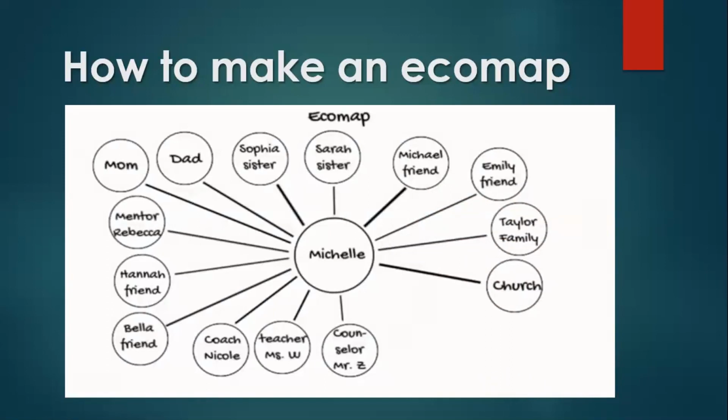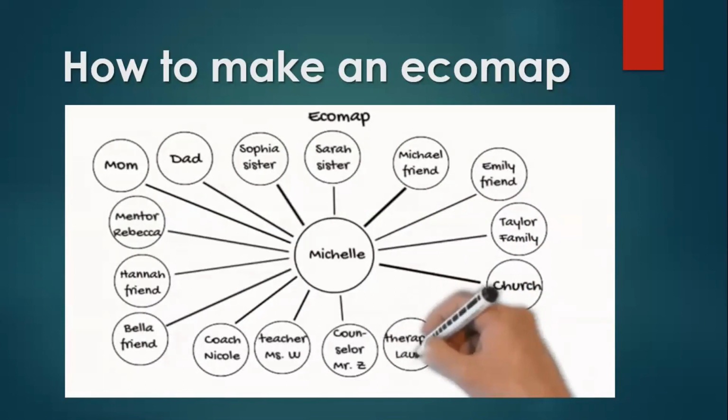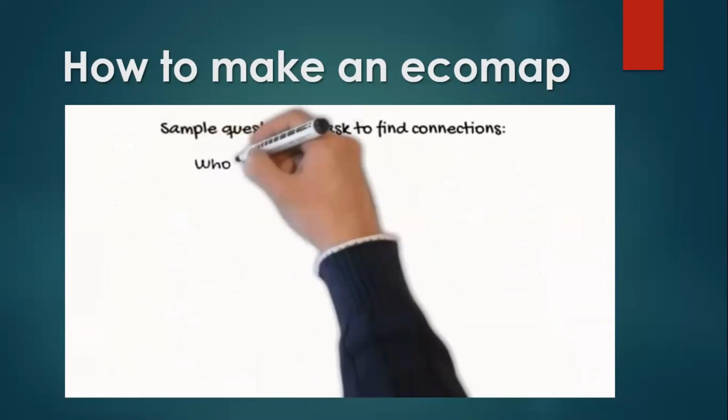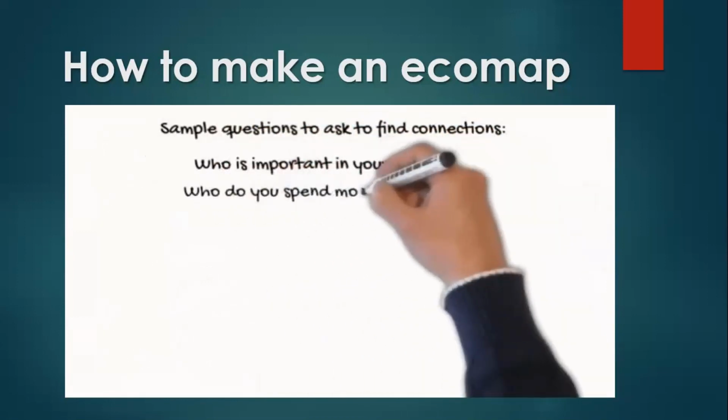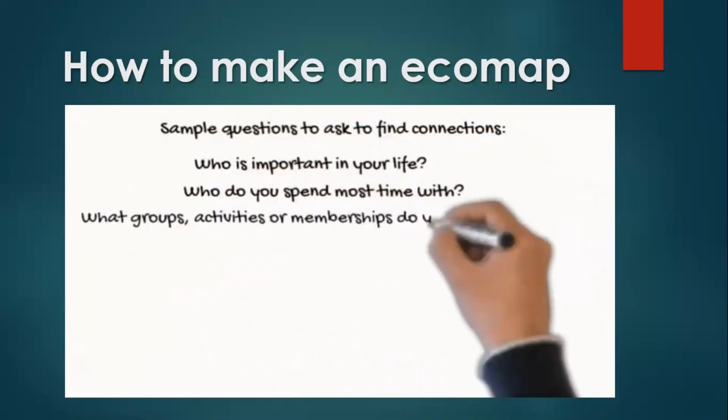Are there any other groups or places you go to during the week? Michelle will tell you that she goes to vision therapy once a week to learn to focus better. Now we have identified whom Michelle spends time with. We'll review what questions we've asked to get here, and then we'll see how she relates to everyone. Here are some questions you may want to ask to build the eco map.